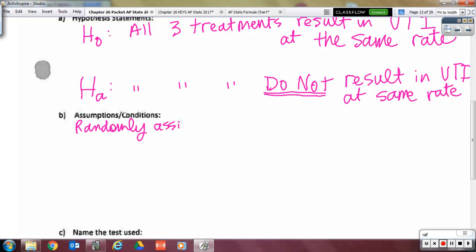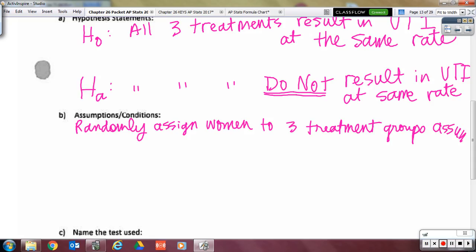And I guess that's assumed because it doesn't say it. Okay. All right, how about independent?